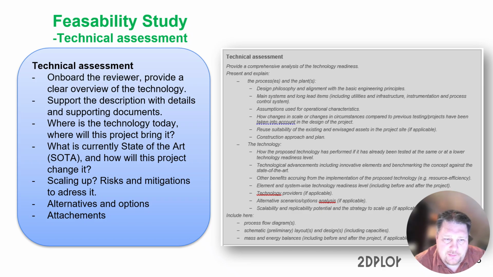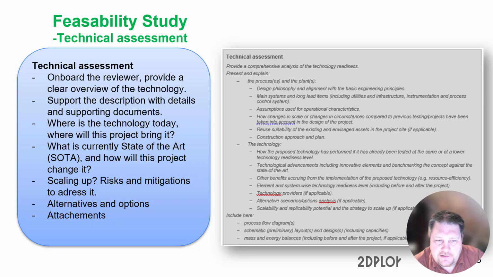So all the supporting descriptions, giving more details about your process. Try to describe where the technology is today, how this project can develop it further, to which level of capacity or quality, etc. can your project bring this technology.